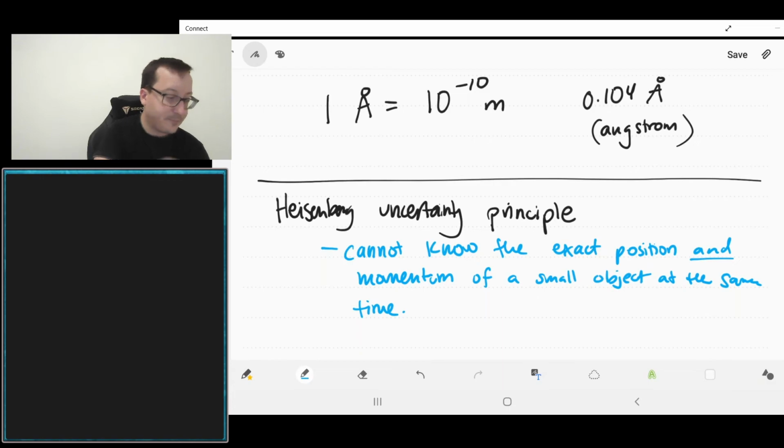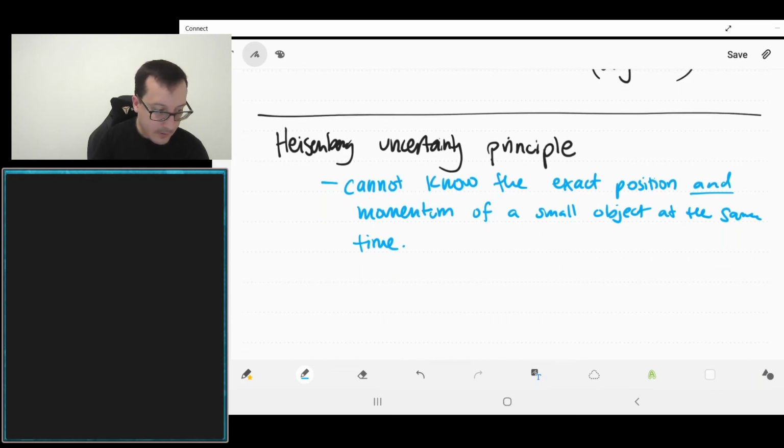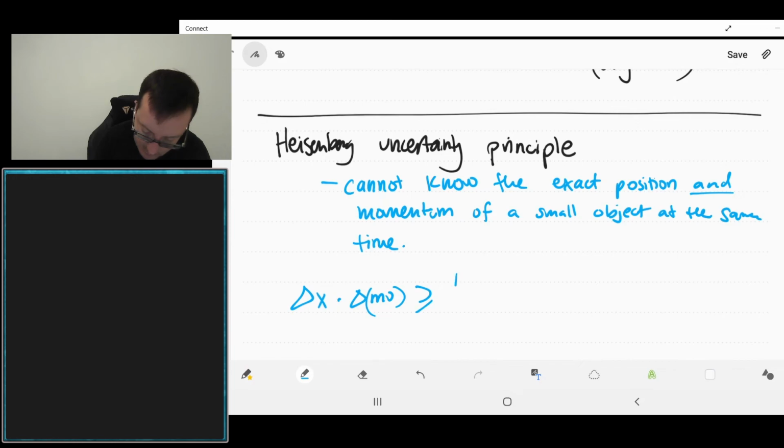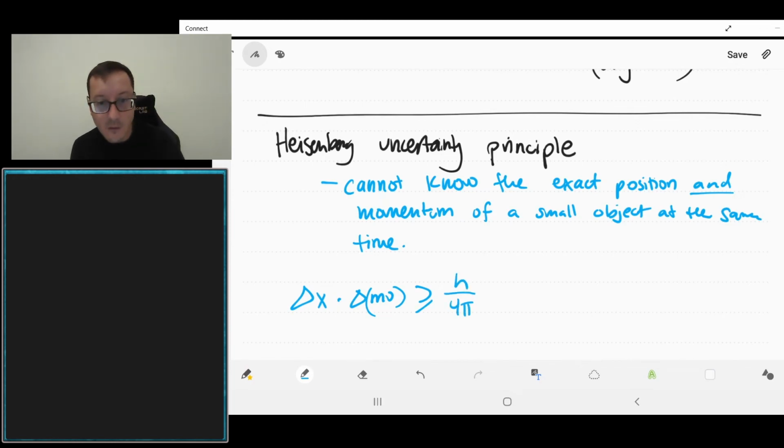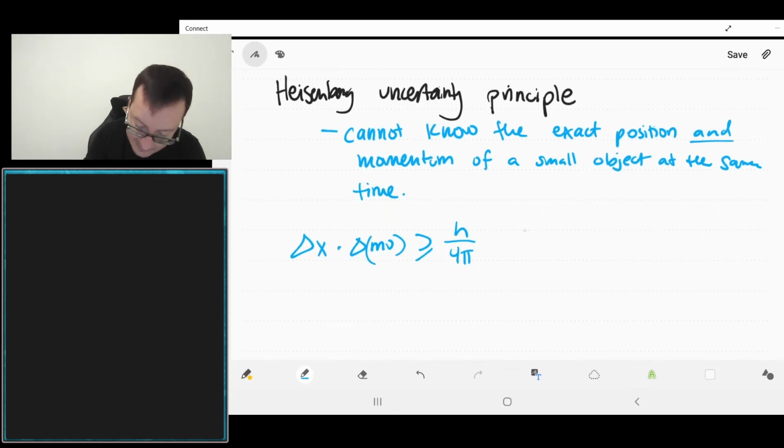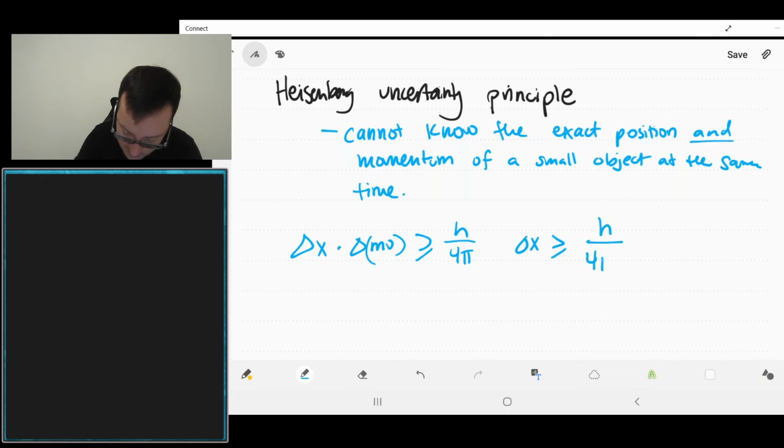Formally, it's written that your change in position times your change in momentum is always going to be greater than h over 4 pi. Don't worry about that, we're not going to use this one. If we were to try and calculate the position of an electron, we can say it's going to be greater than h over 4 pi mv.